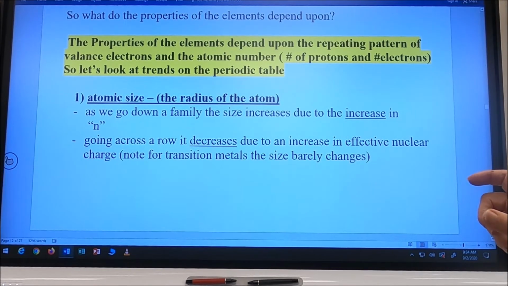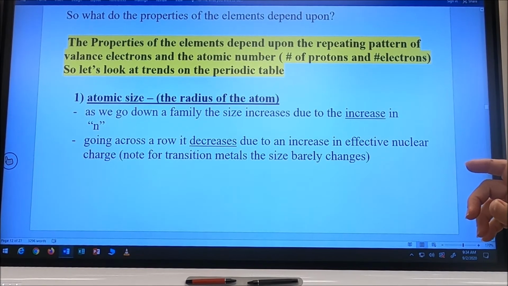In the metals, it's in a solid crystalline metal sample, and we split it in half to get the radius. For non-metals, we look at two non-metal atoms that are bonded to each other, and we split the difference in half. Not perfect, but it's the best we can do.